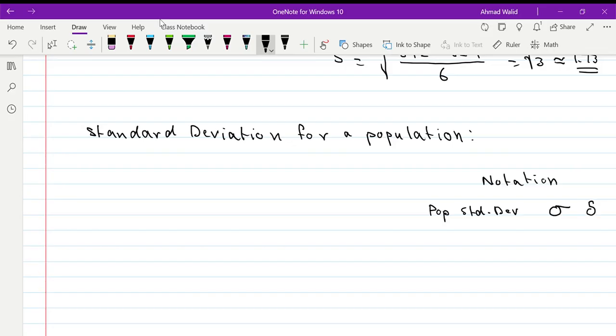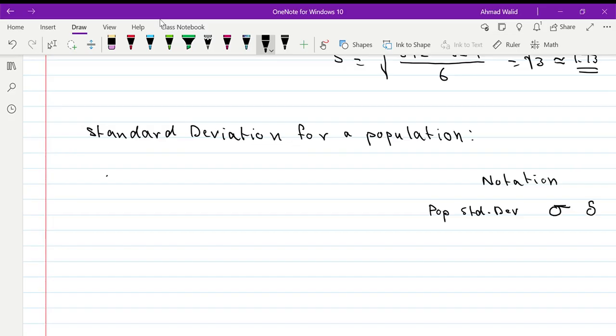Correct? It's so difficult to draw. Just a circle, a line on the top, like a cannon. It's the lowercase sigma. It's a Greek letter. Correct? This is the lowercase sigma. For us in this book, it means the standard deviation for a population.